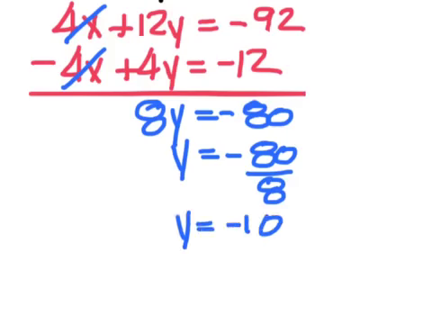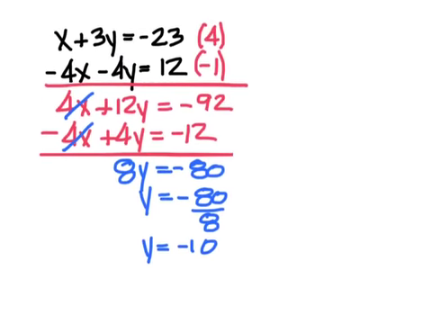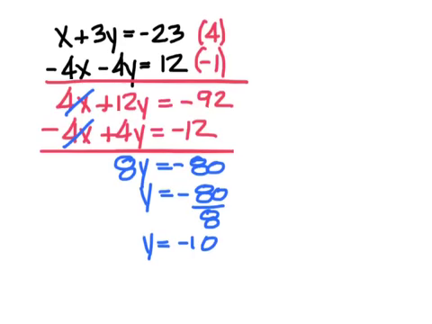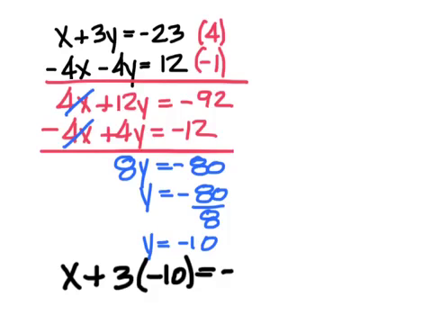What should I do with that -10? So which one am I going to put it into? Alright, we'll try the top one. So the top one is x plus 3y, but instead of y I'm going to put a -10 and set it equal to -23.